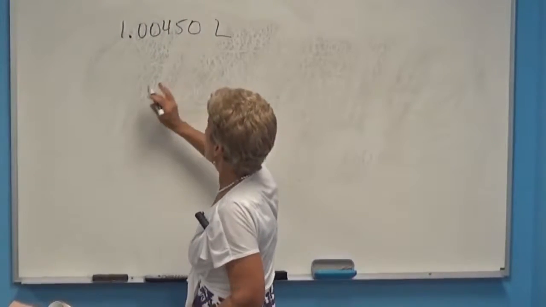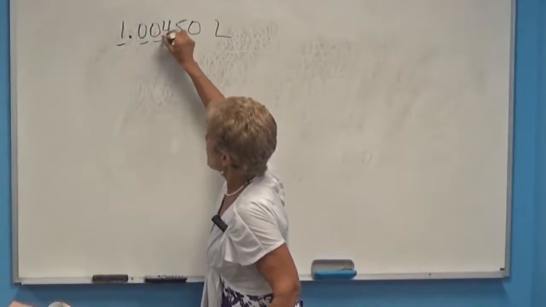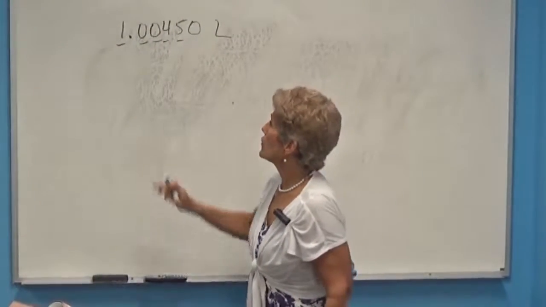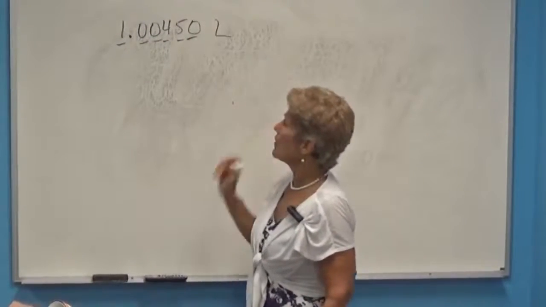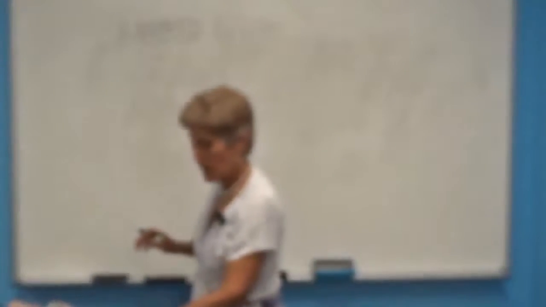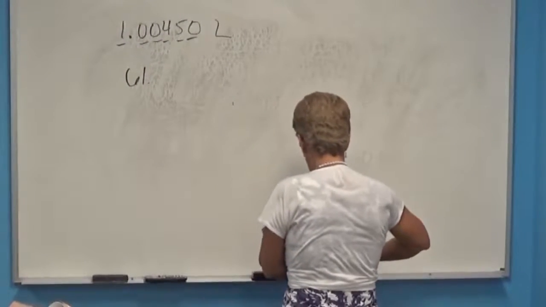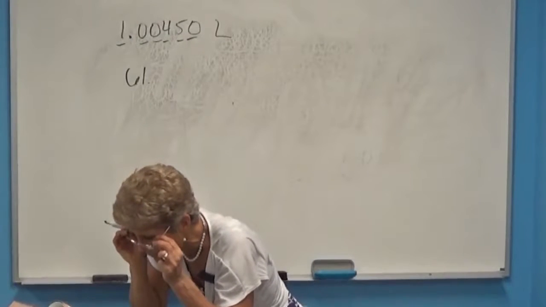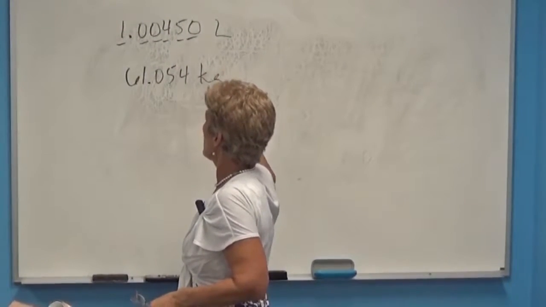1.00450 liters. Okay. We know these are significant figures. We know these are because they're between significant figures. This guy, he's to the right of the decimal at the end of the number. So that's a significant figure. So there's 6 of them there. I've got to see if it's a point or a comma. Point. 0.054 kilograms.